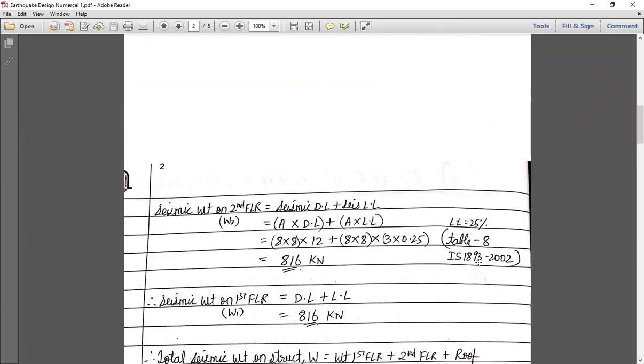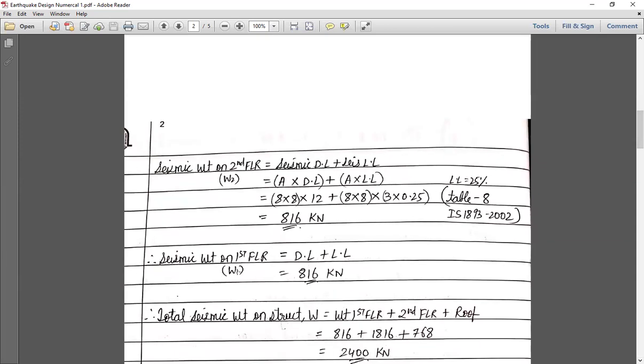But again, as per IS 1893 table 8, which I showed you just now, it should be considered as 25% when the live load is up to 3, and when the live load is greater than 3, it should be considered as 50%. I hope you remember, we have seen this table in the IS code.